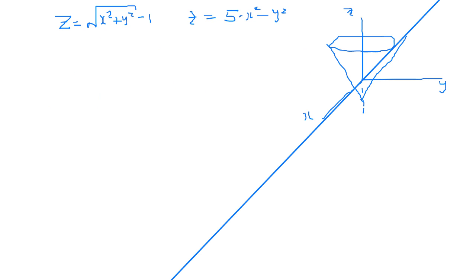So there's a cone. And then we have a paraboloid facing downwards. That's because of the x squared negative y squared, and it intersects the z-axis at 5. Okay. And it's looking something like that.